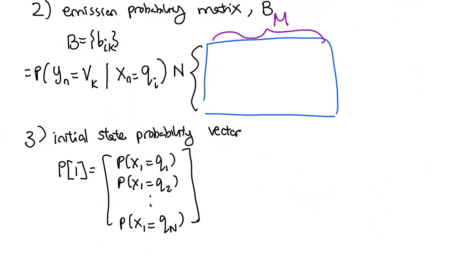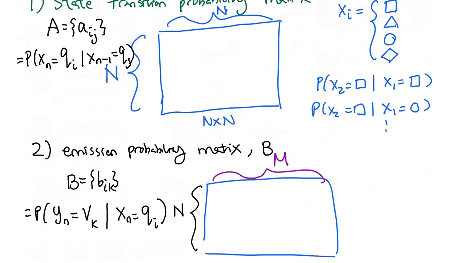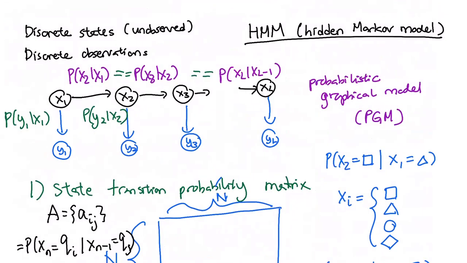Okay, so once you have this, you are fully specifying the hidden Markov model, right? You can imagine writing a computer simulation that, based on the distribution, simulates a state value, then generates an observation value, then generates the next state value, generates the observation, generates the next state, generates the observation, right?